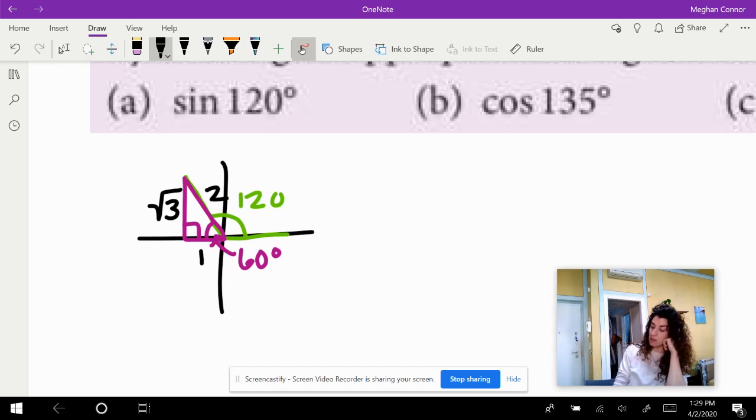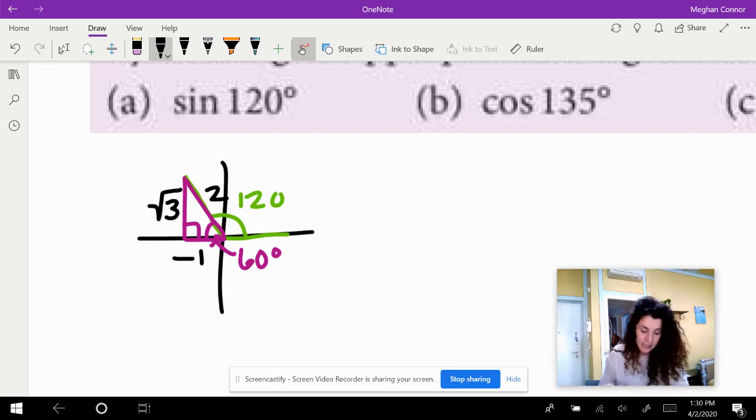If you have a hard time remembering that, I go for the hypotenuse first, and then I know that the shortest leg, which is opposite of 30, will be 1, and then I know that the remainder is square root of 3. It's just a process you have to get down. So if I want to know what the sine of 120 is, I can actually just think about the sine of 60, and then just make sure that I'm accounting for which direction in the coordinate plane I am going.